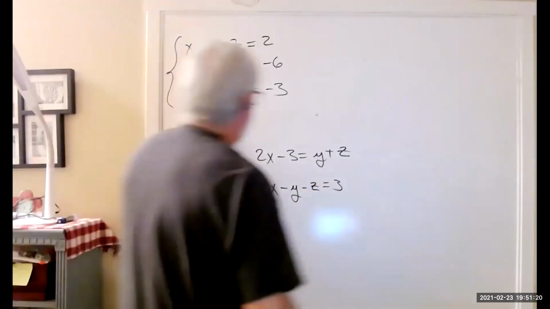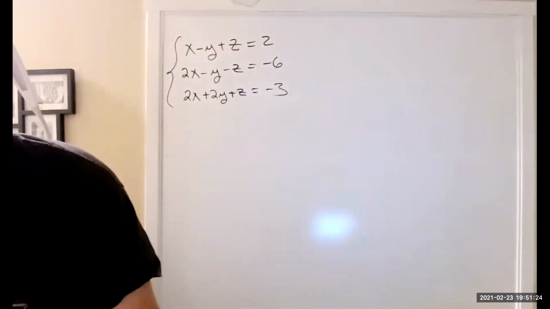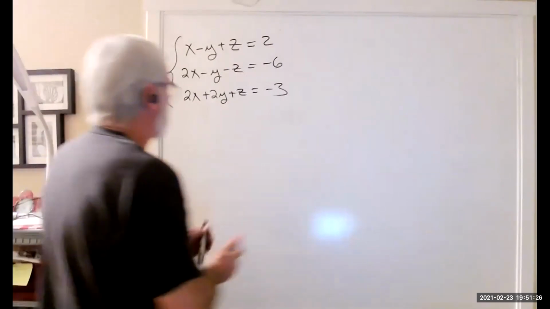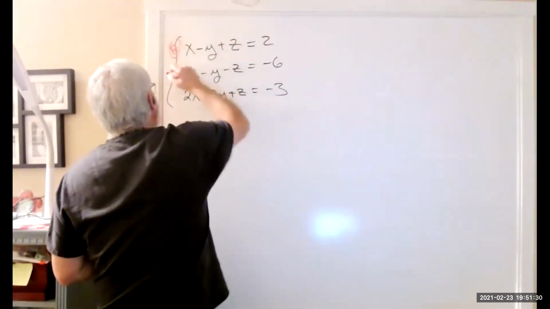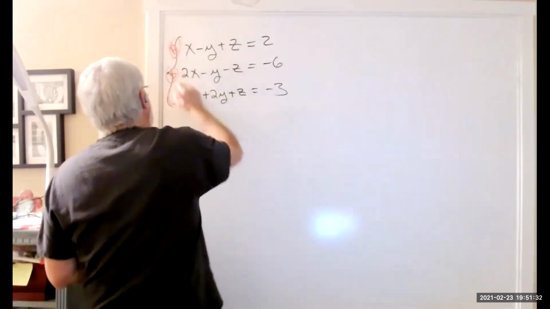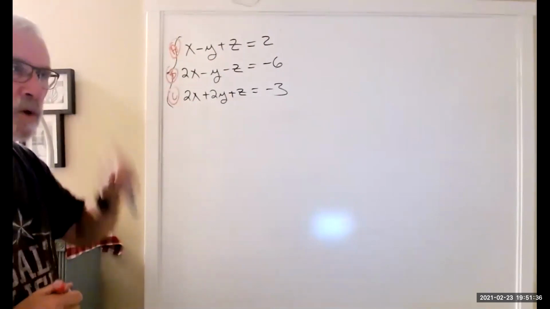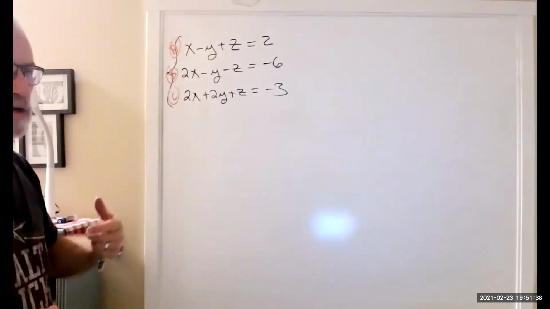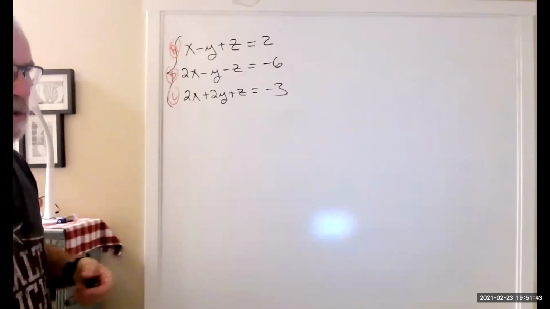All right, here we go. So the first step was to label these as A, B, C. That's kind of important, guys, because then we can talk about equation A and everybody knows what equation A is.